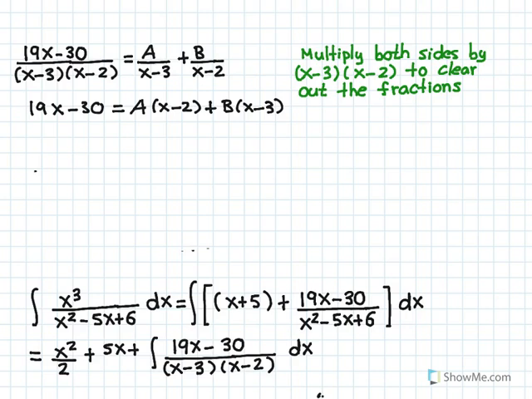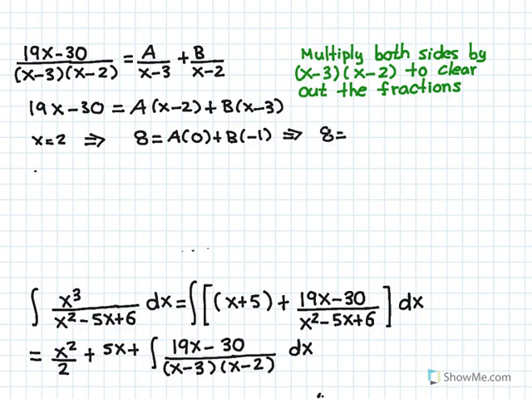Now, the most efficient approach here is to just plug in numbers to solve for a and b. So let's plug in x equals 2. We get 19 times 2, that's 38, minus 30, that's 8, is equal to a times 2 minus 2, which is 0, plus b times 2 minus 3, which is negative 1.